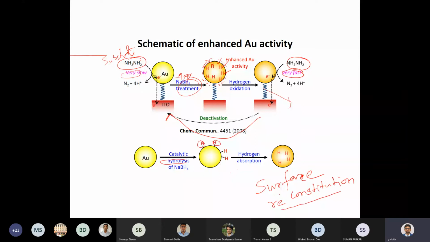Surface reconstitution means that when hydrogen adsorbs or absorbs on the surface, the surface feels strain. Because of the strain, the activity increases. This phenomenon is called surface reconstitution, and the catalytic activity increases. Clear, guys?